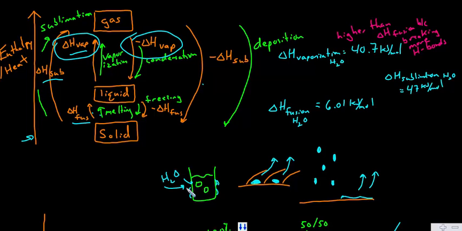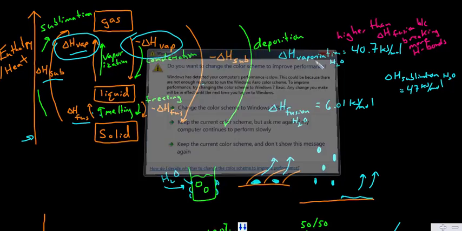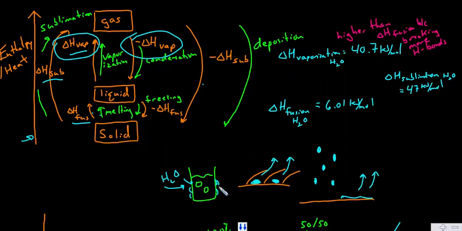And similarly, heat is removed from the gaseous water so that it can turn from gas into liquid. It's an exothermic process. It releases heat to turn gas into liquid. Water can condense from the air onto a cold surface.